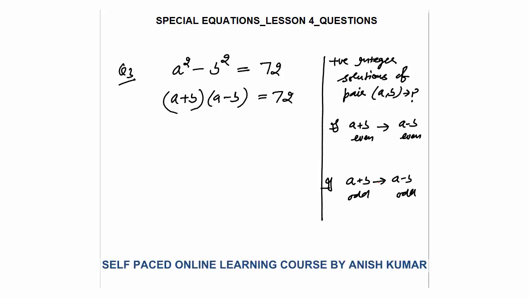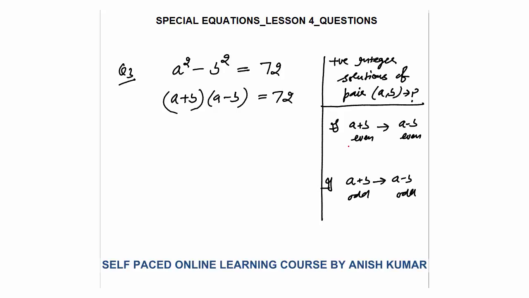The condition is that both a and b are positive integers. We need a positive integer solution. If a and b are positive integers, very important thing, if a plus b is even, a minus b is always even. And if a plus b is odd, a minus b is also odd. That is called the same parity.